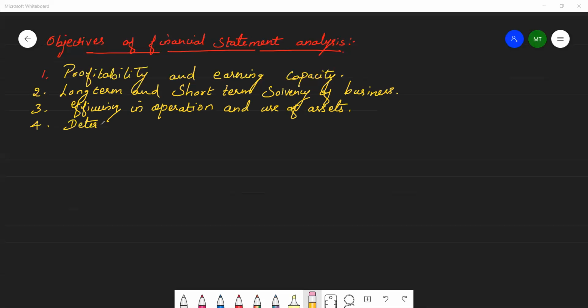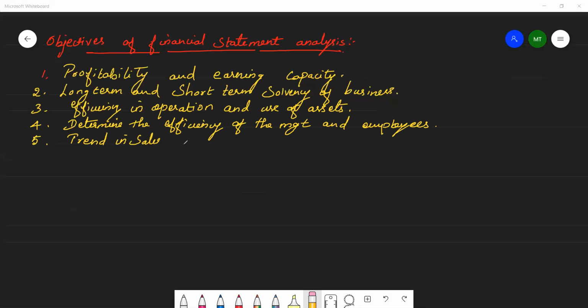The fifth one is to determine the trend in sales, production, etc. The sixth one is to forecast for the future and prepare budgets.